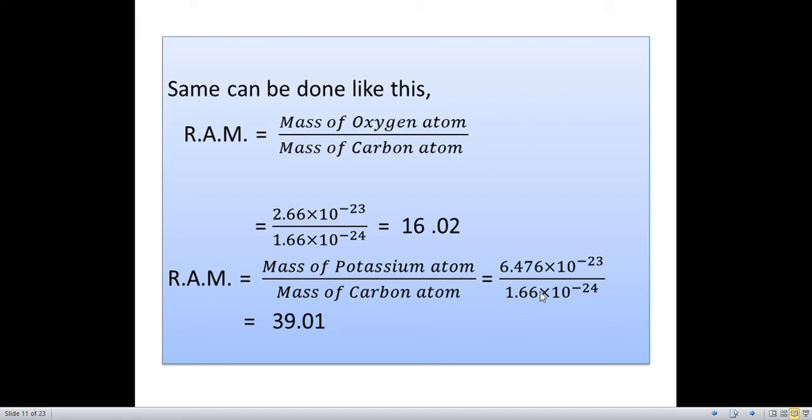When it moves here, two decimal places, then 647.6, and the 10 comes here, so then you can add 10 here. Then you have to divide it and get the answer 329.01. That is the relative atomic mass of potassium atom.